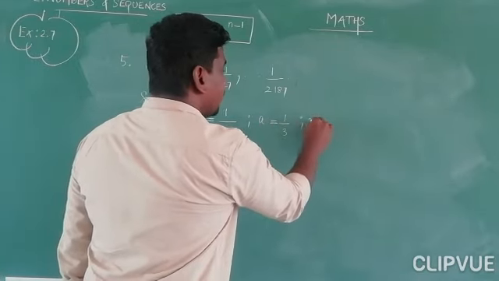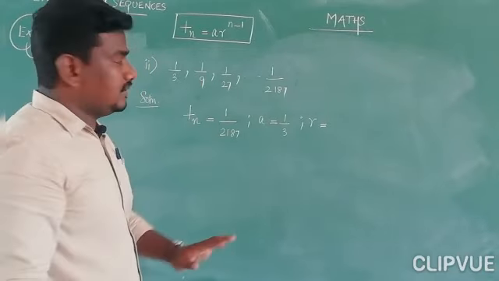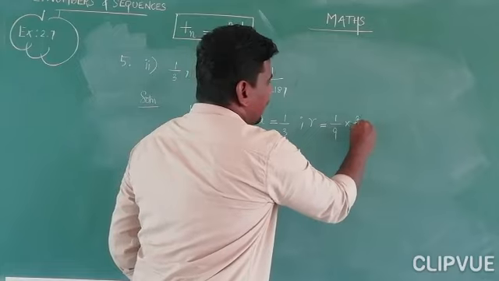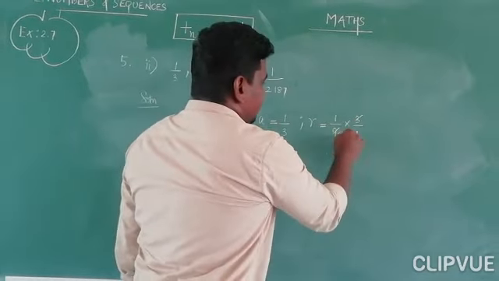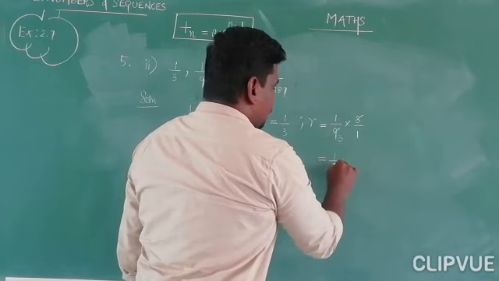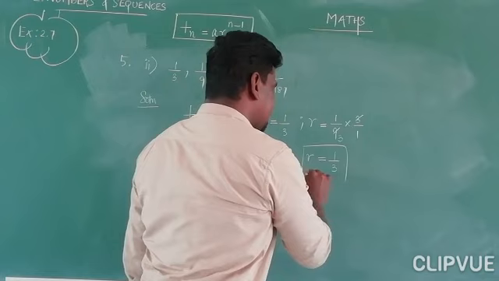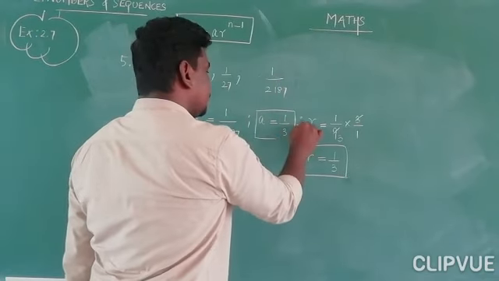And you know how to find the common ratio r. This is the ratio of the second term and the first term. So 1 by 9 into 3 by 1. If you cancel them, you get r is equal to 1 by 3. So now we know the first term and common ratio of the GP.